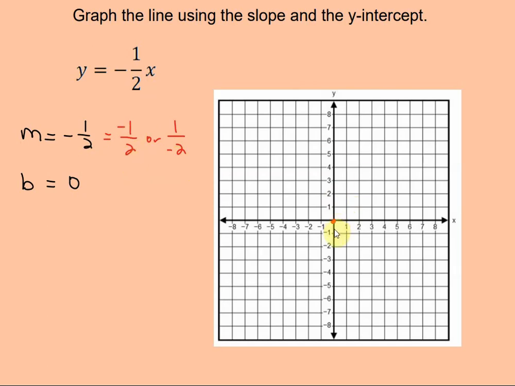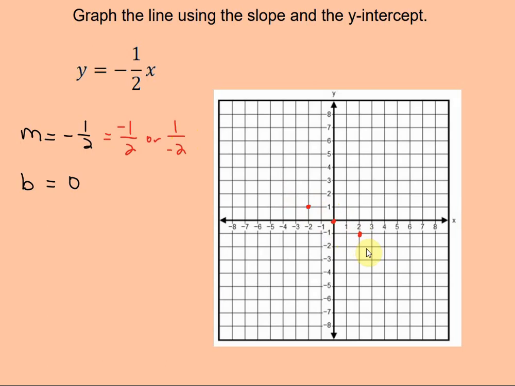All right, so if I used negative 1 over positive 2, if I rise a negative 1, that means I go down 1 and then run positive 2, 1, 2. That would be right here. Or if I did positive 1 over negative 2 back to my y-intercept, if I did positive 1, I would go up 1, and then running a negative 2 means I need to go to the left, 1, 2.